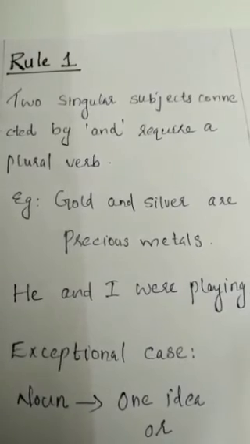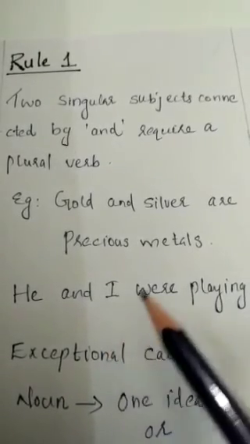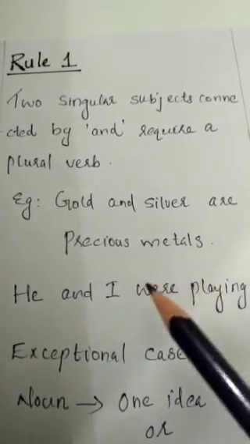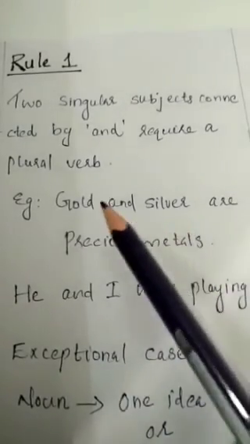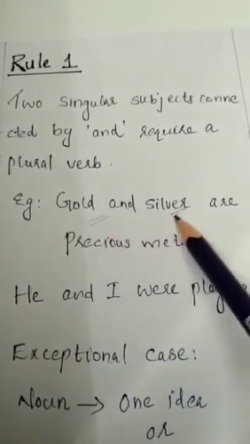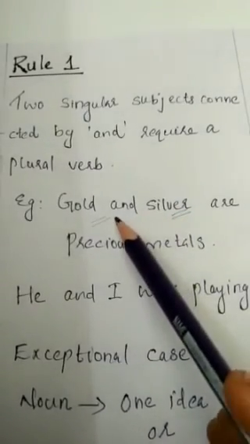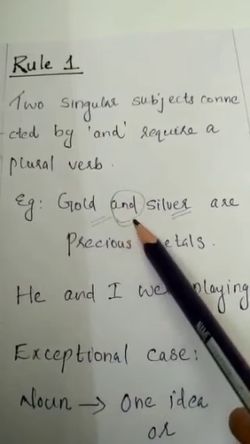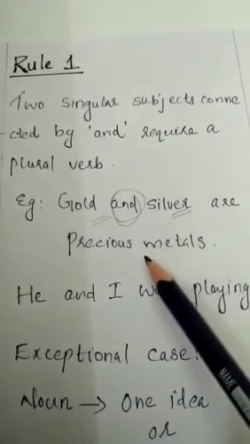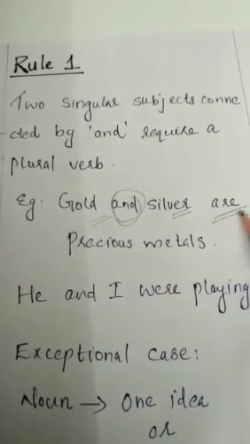For example, gold and silver are precious metals. Gold and silver, two things are here. Two singular subjects are here and they are connected by 'and'. So it should take what? A plural verb. So here 'are' is used.